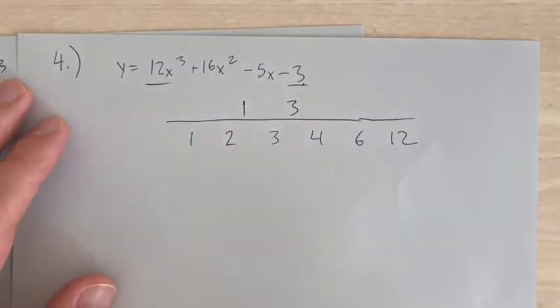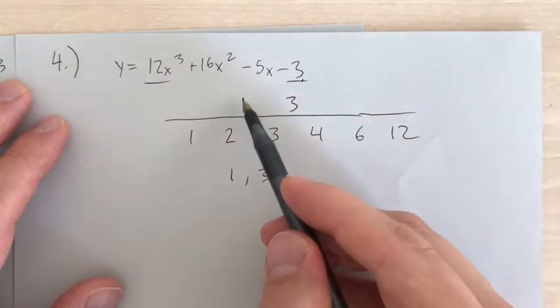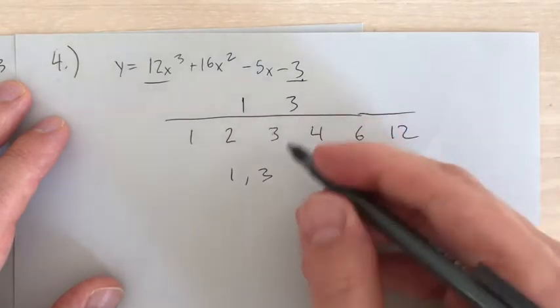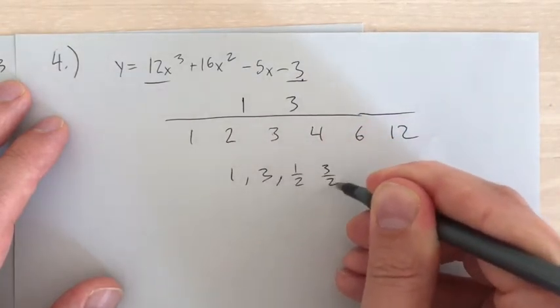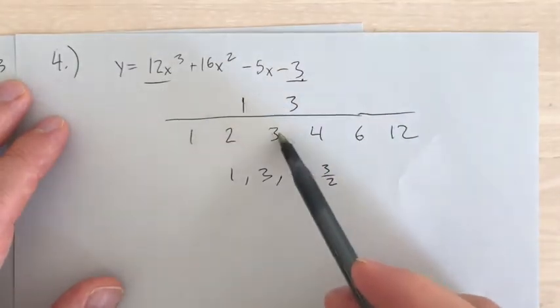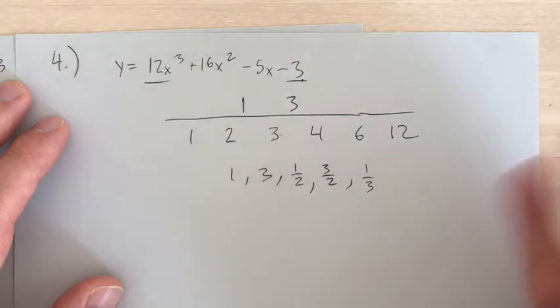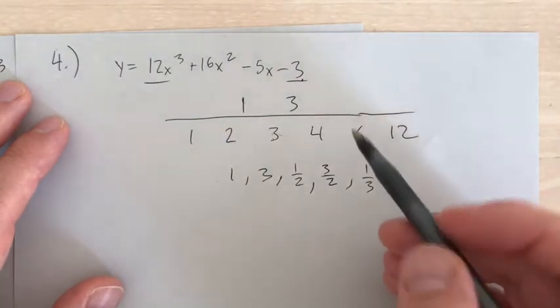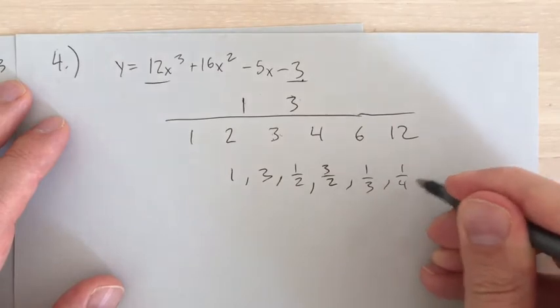So getting a list of these, you would have 1, 3, and then we're dividing both of those by 2, so 1/2 and 3/2. And then we do 1 divided by 3, and then 3 divided by 3, which we already have, is 1, so we don't have to do that one. 1/4 and then 3/4, so we don't have those.